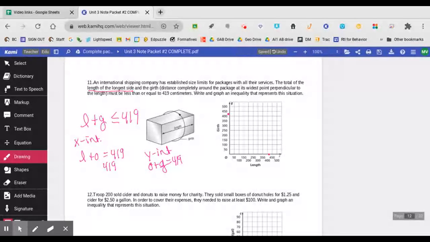And it's equal to, so that means it's a solid line. Now if I check (0, 0), it says 0 plus 0 is less than or equal to 419, so I'm going to shade towards the origin. And I would write my inequality inside here. And that's what the graph would look like.